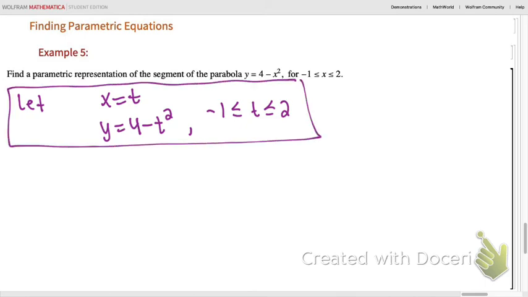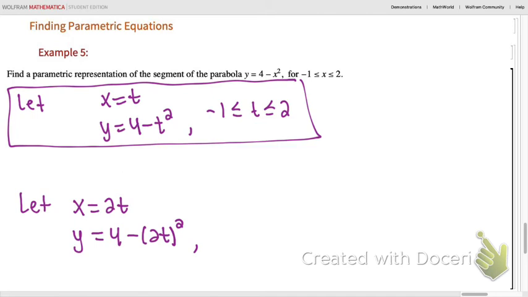Now here's another one. What if I just wanted to get kind of silly and let x equal 2t? Well, that means y then has to be 4 minus (2t) squared. But now you have to think about what your range of t values is. X goes from -1 to 2.